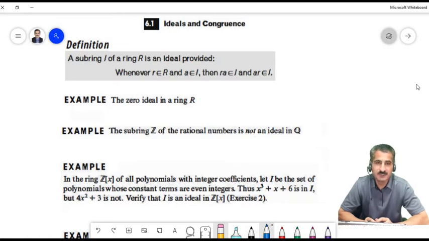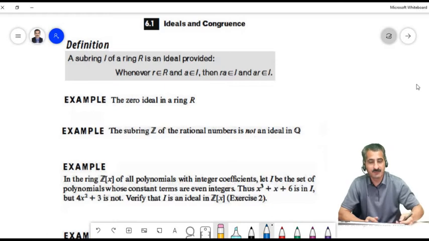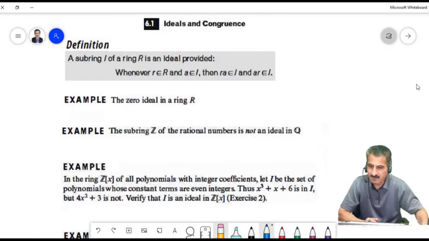As we see in the definition here, an ideal I of a ring is a subring where the following is satisfied. We start with the definition of ideal.